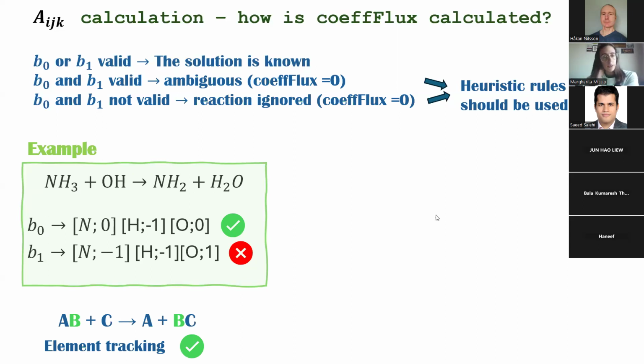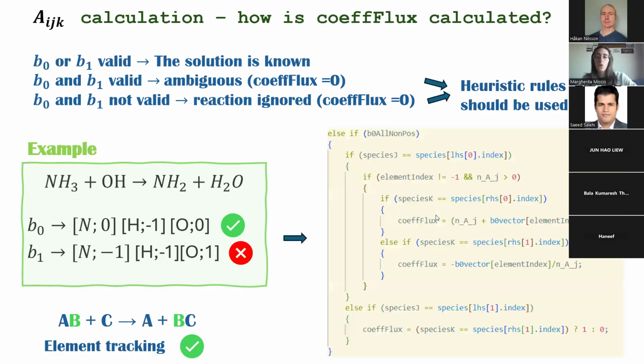Then let's see how they are implemented, again in the code, by considering the previous example where we have B0 all non-positive. Here we see how to calculate exactly the coefficient flux when B0 is all non-positive, because here we have 0, -1, and 0, once again. Here we calculate the coefficient flux of the species NH, for the NH3 reactant 0 to the product NH2.